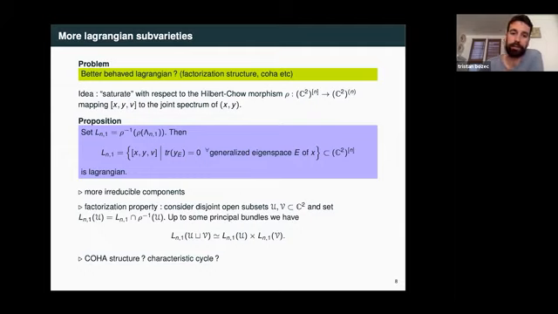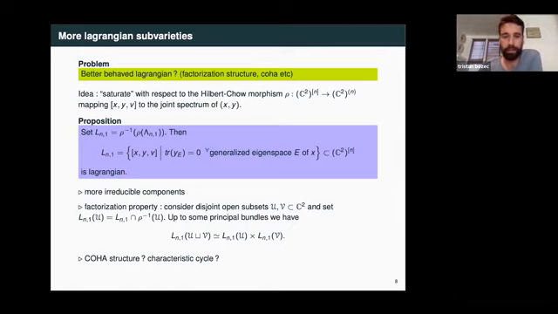Each of these partitions corresponding to the nilpotent type of X on each generalized eigenspace. So that seems pretty new. And it turns out that this saturation process gives a way better factorization property.